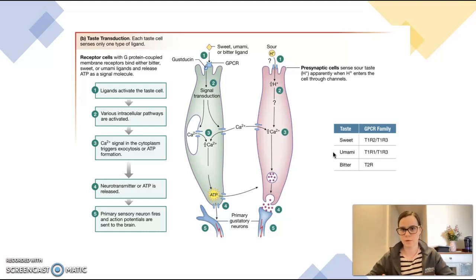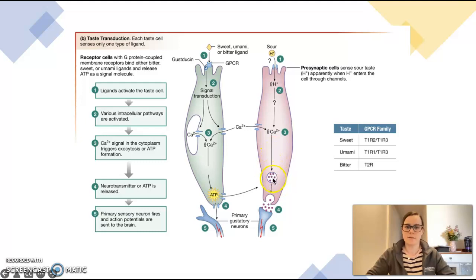What happens is you're going to have your ligand come around. In this instance, we'll go through sour. The hydrogen ion actually is going to go through this ion channel, and that's going to stimulate calcium to come into the cell. That's going to stimulate exocytosis. So you'll see here, calcium comes in.